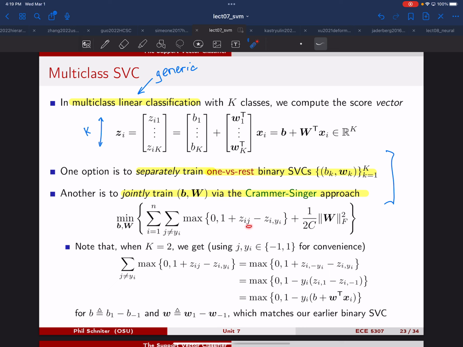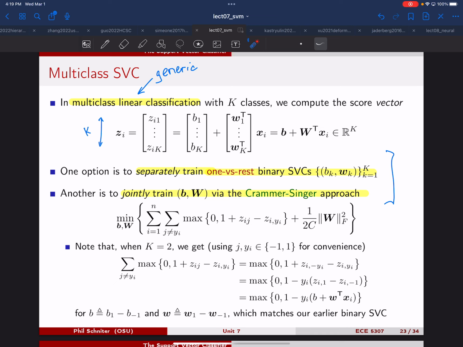The second index is telling us which class we're referring to. So what we have here is when you are looking at sample i, you plug in the training label, yi here, which is going to be one number between 1 and k. And then over here, you're summing across j for all the j's between 1 and k except for yi. Okay, so essentially that's it.